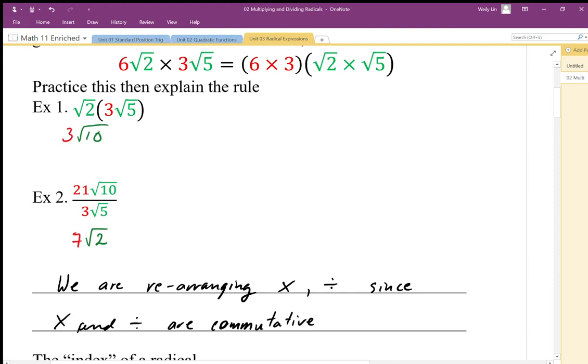And commutative means that they can be rearranged in any way.